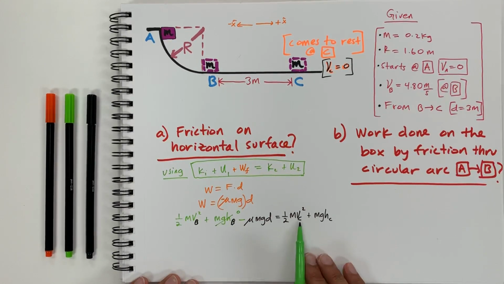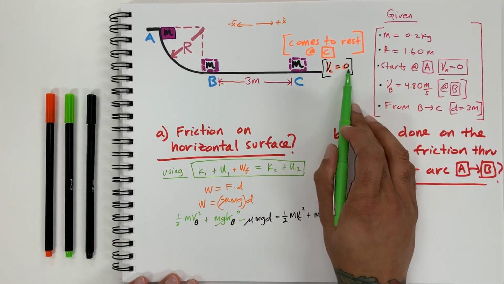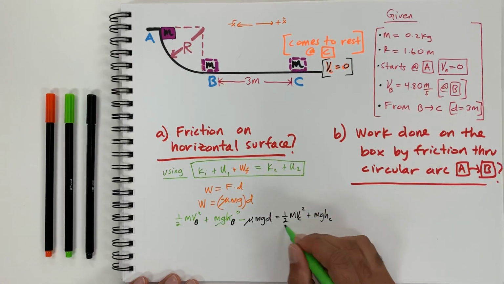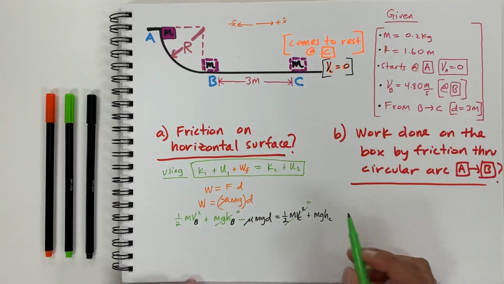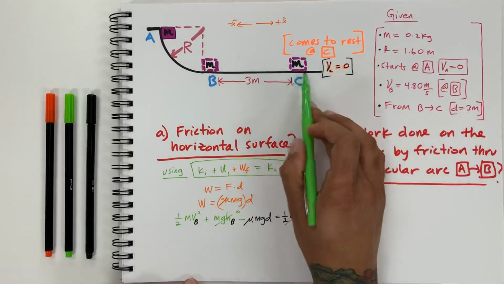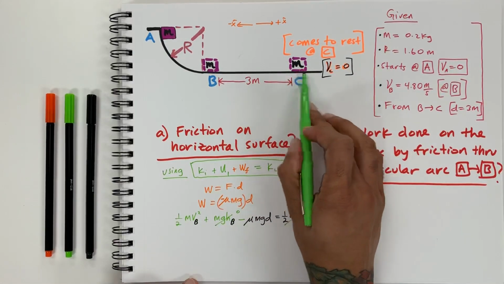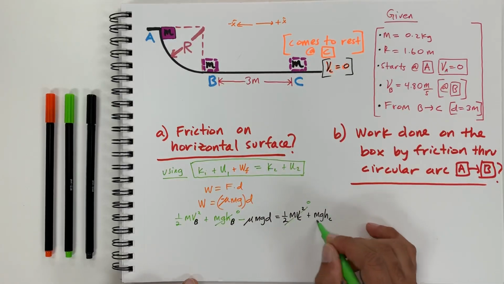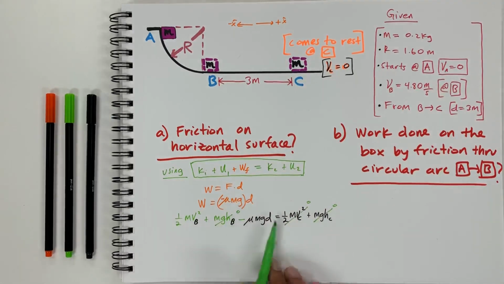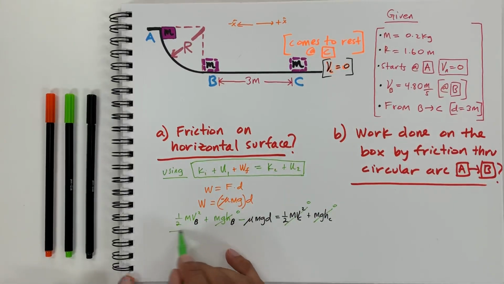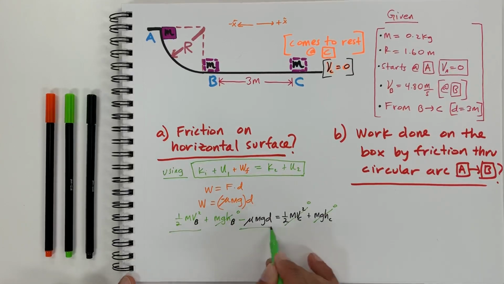The velocity at C, it comes to a stop. So we know this is 0, and also the height at C, right? The height, this is also on the ground, C, so there is no height. So now that leaves us just with this term here and this term here.